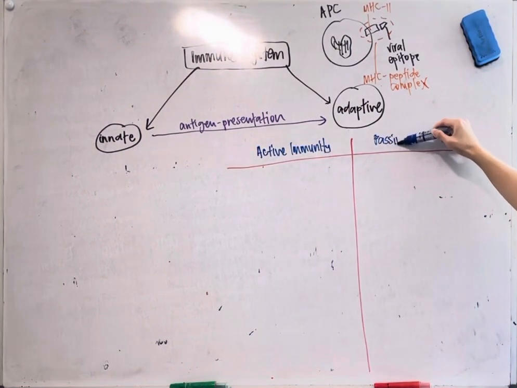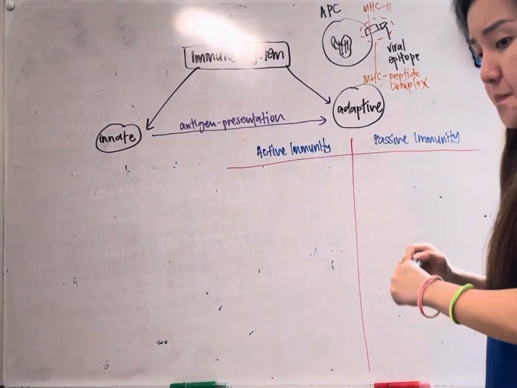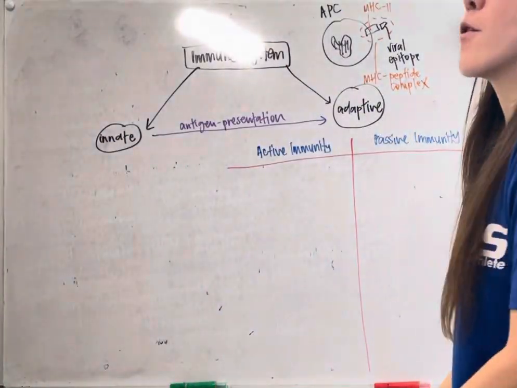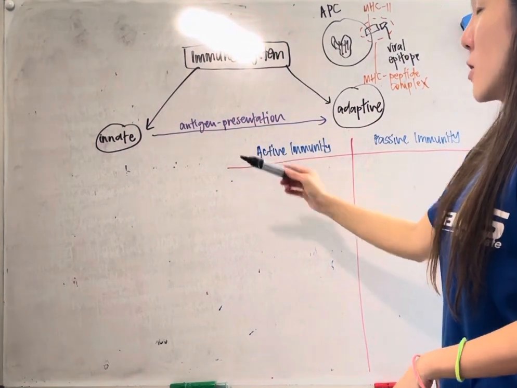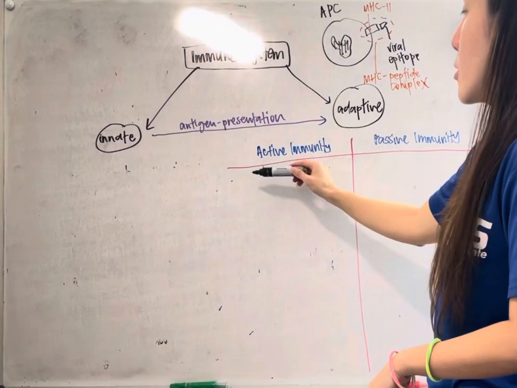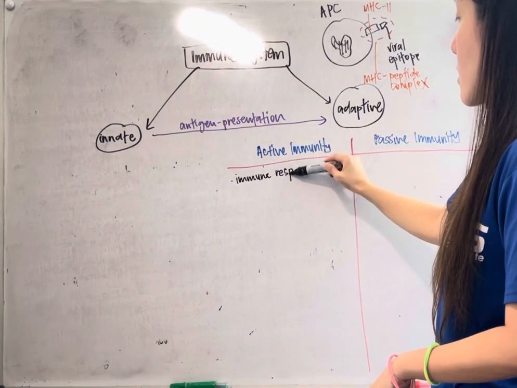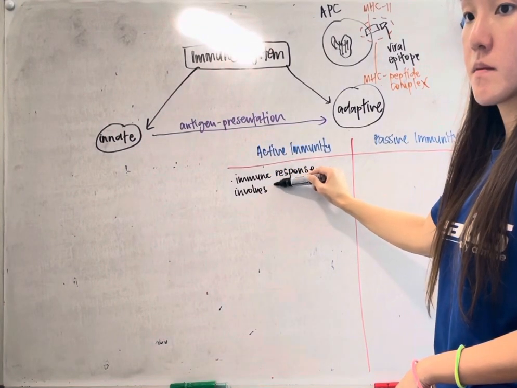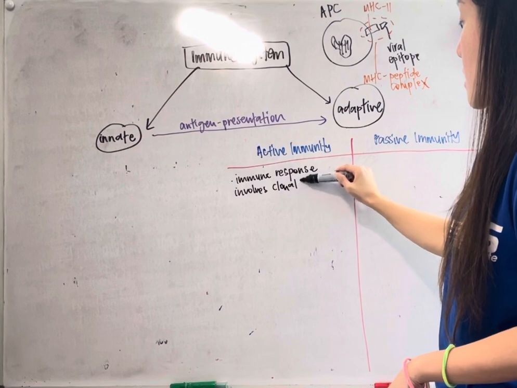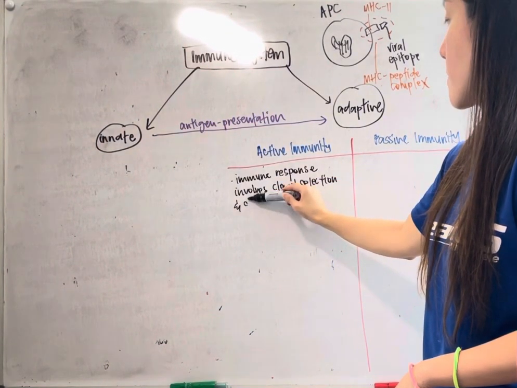This is not found in your notes, so please find some space to include it. The first difference between active and passive is the involvement of T or B cells. Please take note, for active, the immune response involves clonal selection and expansion.